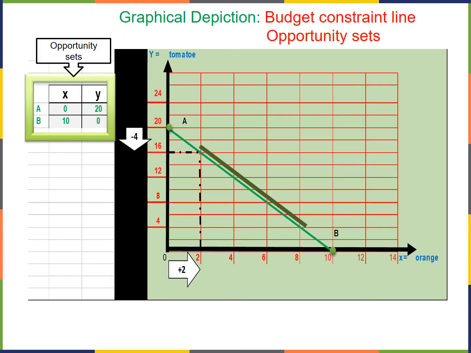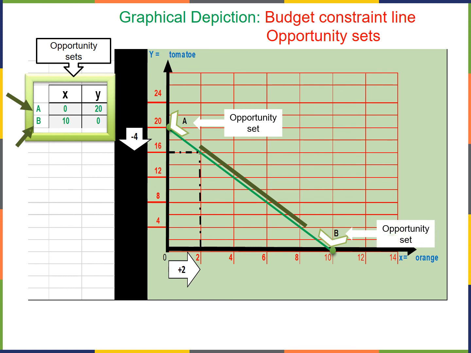Here is the graph to represent everything that we computed above. We said that A was the opportunity set with x = 0 and y = 20. That gives us the graphic representation on our graph, where A is represented, meaning that we have no oranges and we have 20 tomatoes.